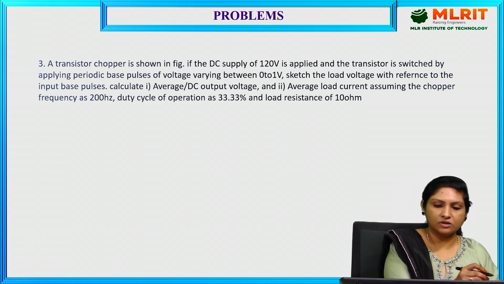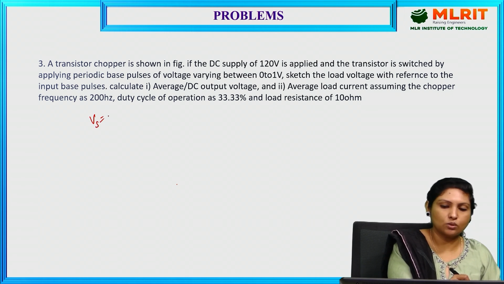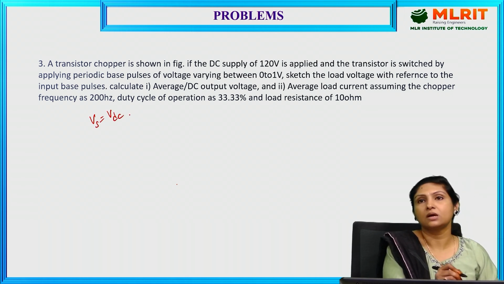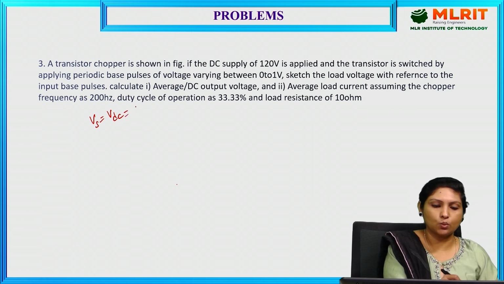So this is the chopper basically, and the DC supply, that means the supply voltage Vs, we can also call it VDC, which is equal to 120 volts.